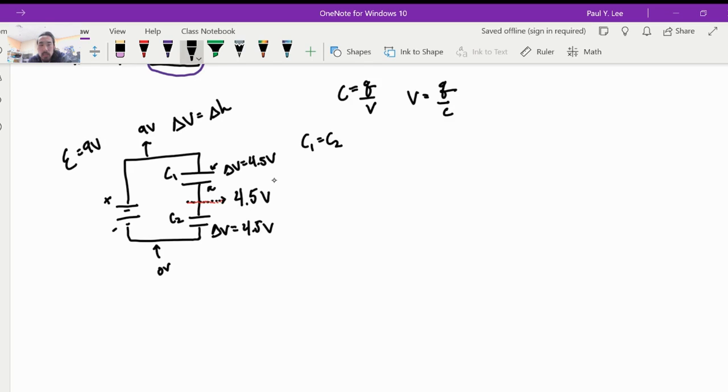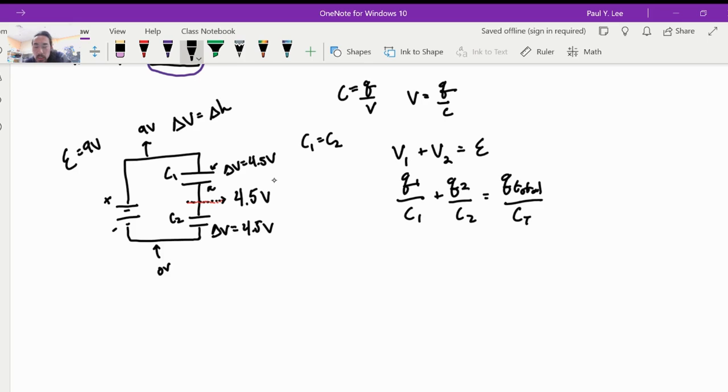So we can say that the voltage drop of 1 plus the voltage drop of 2 equals the total voltage drop of 9 volts. If I were to replace V1 and V2 with the formula, we can say the amount of charge stored on C1 over C1 plus the amount of charge stored on C2 over C2 is equal to the total charge of the circuit stored on the capacitors over the total capacitance.